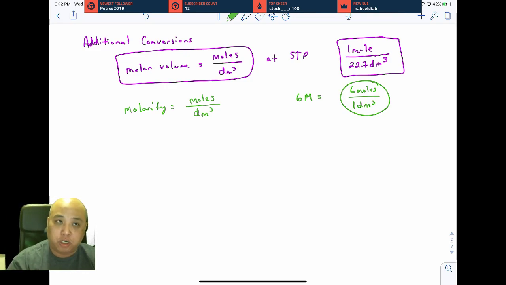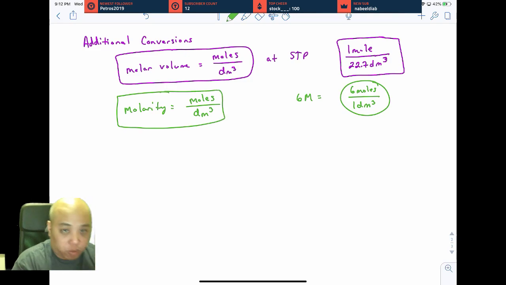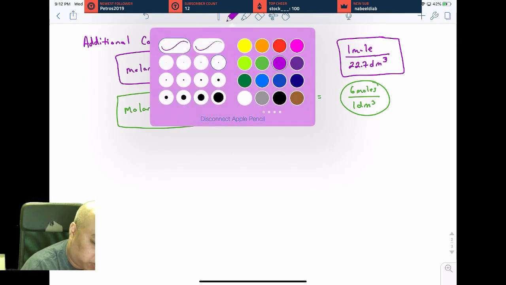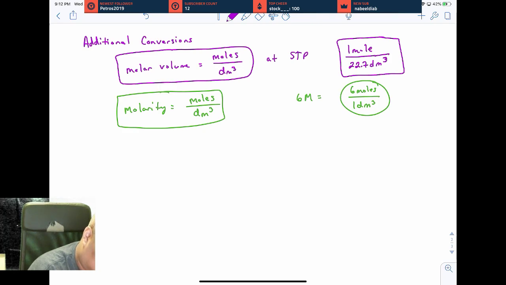Whichever way you want, that's the conversion you're going to use. If you're doing the super proportion, then you're going to probably want to use this equation so that you can convert to moles. And so you're going to want to rearrange it to volume times 22.7 to get moles, because you're rearranging.